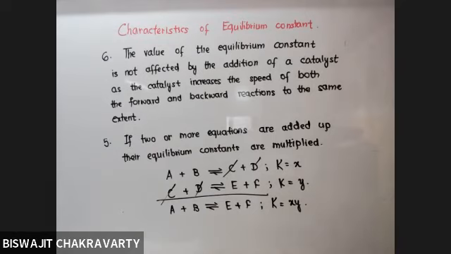So if the rate of reaction increases in the same way on both sides, the net result is no change. Yes, sir. So that is why the catalyst has no effect on the equilibrium constant.